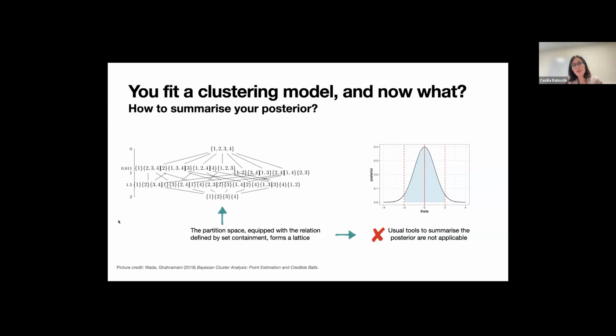So instead, the Bayesian approach gives us a framework to characterize the uncertainty, and it does this by combining a prior distribution over the partitions, the clusterings, together with a model or a likelihood that gives us a way to assess similarity within the points in a given cluster or group. By combining prior and model, we get a posterior over the clustering, over the partitions, which you can also think of as a weighted ensemble of clustering solutions.